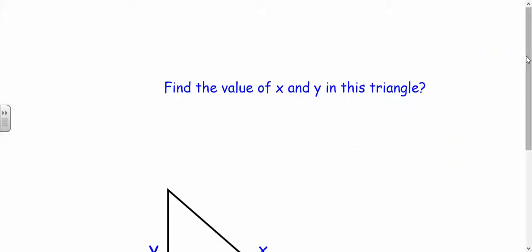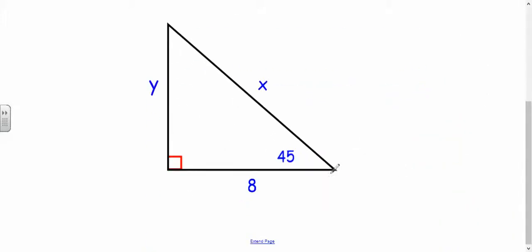So let's try one more before we go on. So again, here's our right triangle. This is now our c, not really c squared until we put it into the equation. And this is a 45, so that makes this a 45. So this is 8. What does that make y?